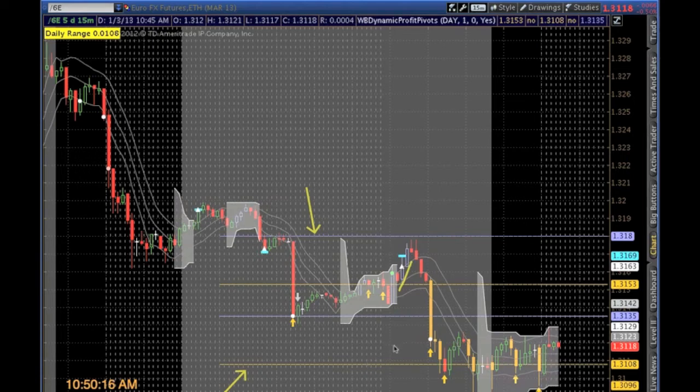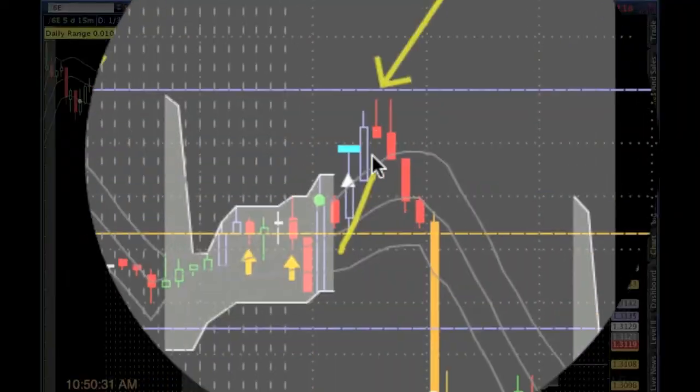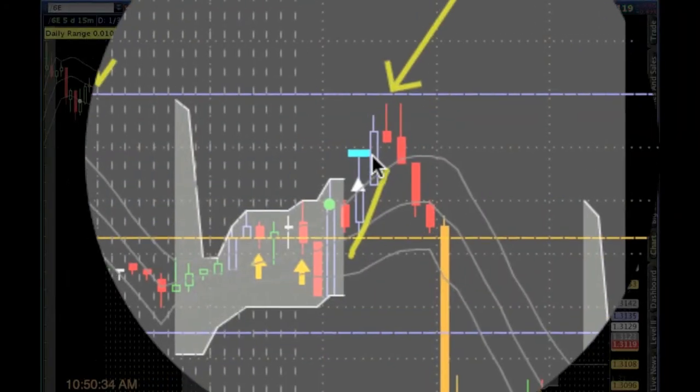So you want to be on the lookout for the painting of a new bar that turns red, meaning that price is starting to go down, because red means down, green means up. So this is a place where you would enter a trade on a purple profit pivot bar.